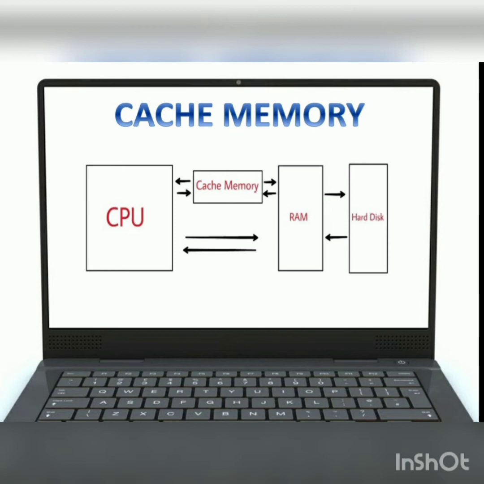CPU and RAM don't have the same speed. To maintain the speed and to maintain the accessible data and information that is required by the main CPU from RAM, there is a need for another memory that makes the transfer of data and information between CPU and RAM faster, that is cache memory.